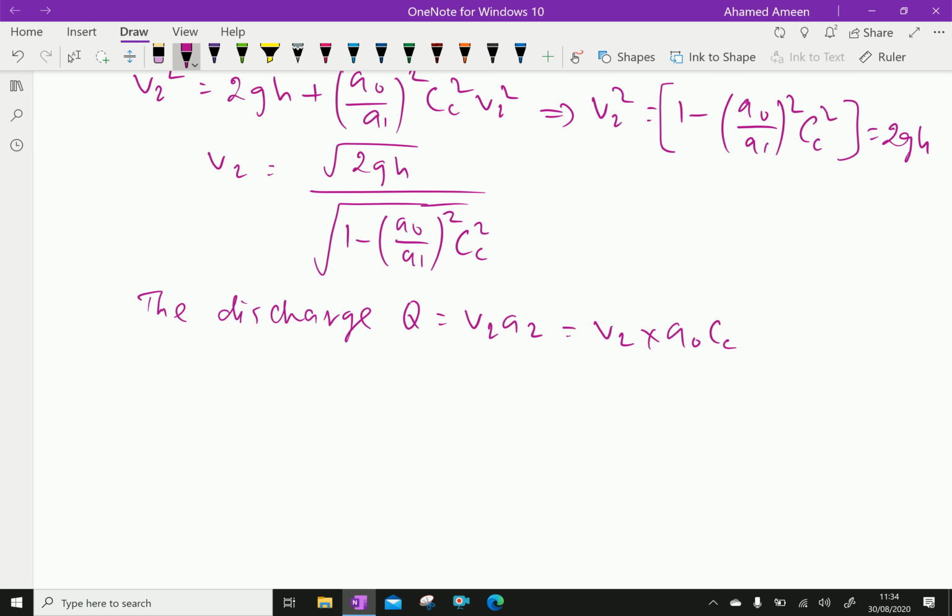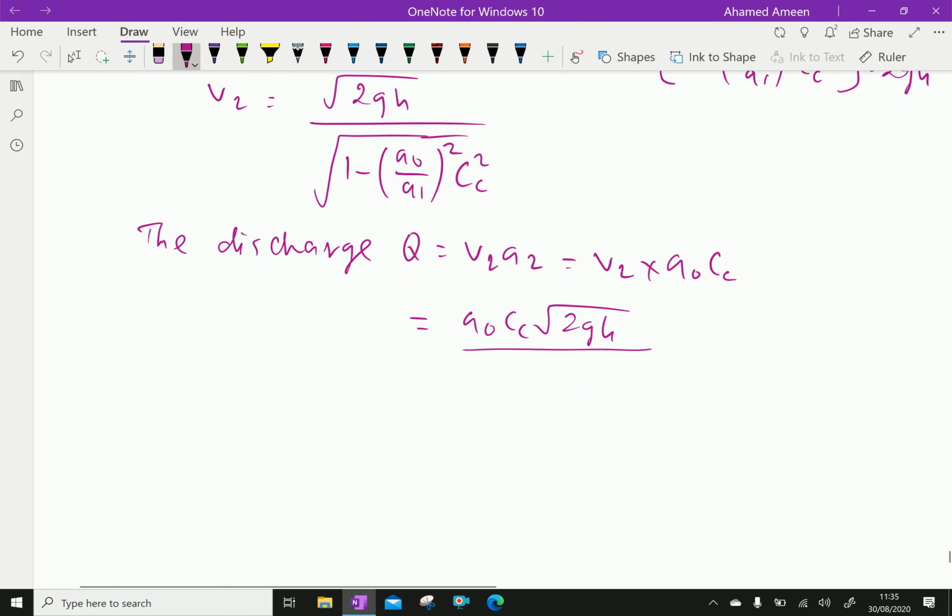Which is further equal to A0 CC times square root of 2gH over square root of 1 minus A0 by A1 squared, CC squared.